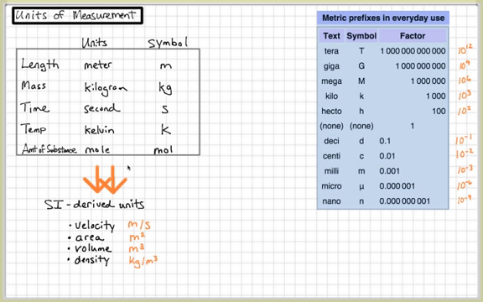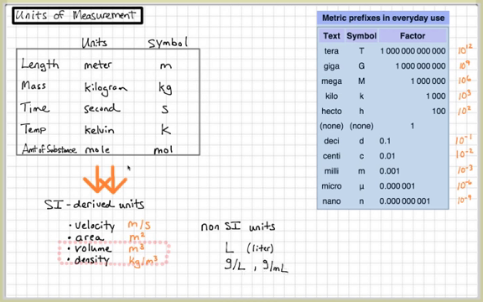For some of these, though, some non-SI derived units are more commonly used, particularly for volume and density. These non-SI derived units, however, are more commonly used, and work well with the SI system, and in particular liters for volume, and for density we often use grams per liter or grams per milliliter.